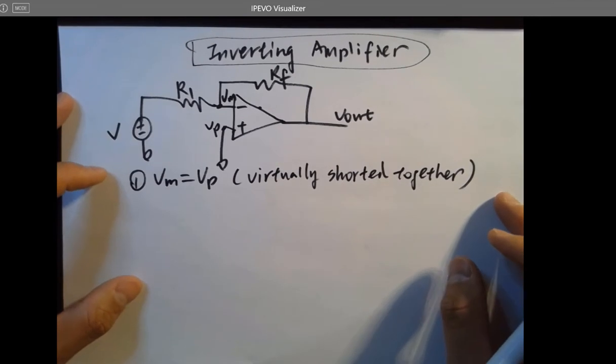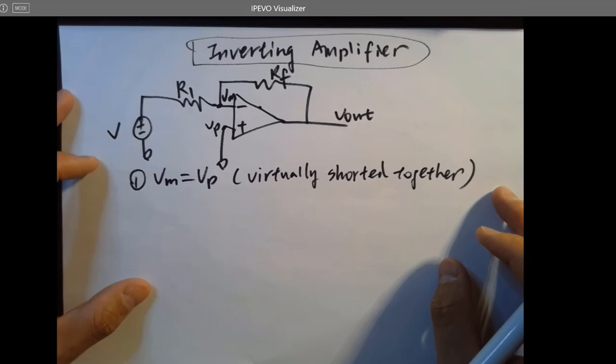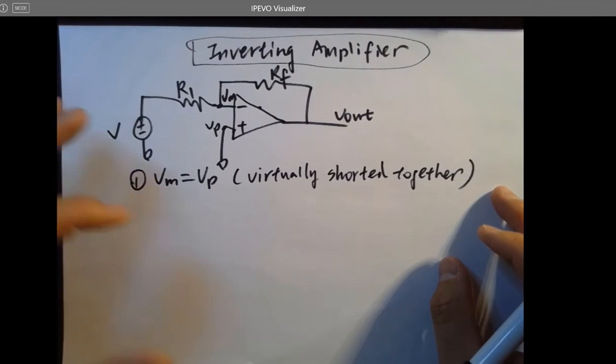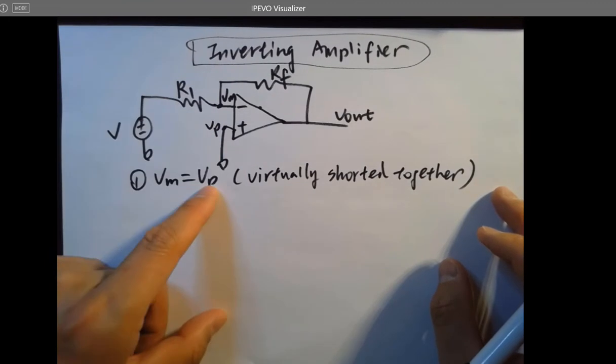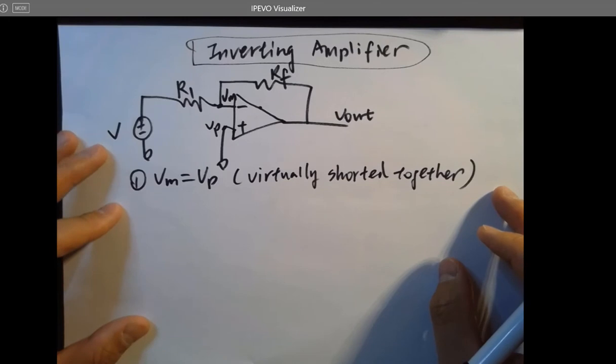You have to take Engineering 337 analog electronics whenever you get a chance to understand this more. But I recommend that for this class, do not think about that deep. If I tell you VM equals VP, just remember it. That will make things way easier.